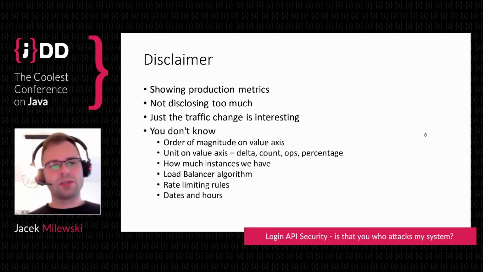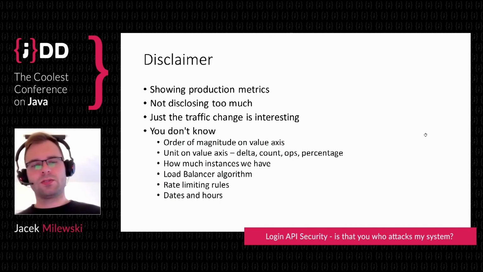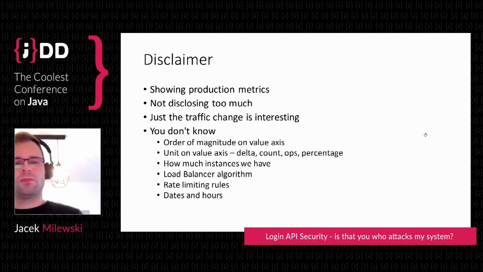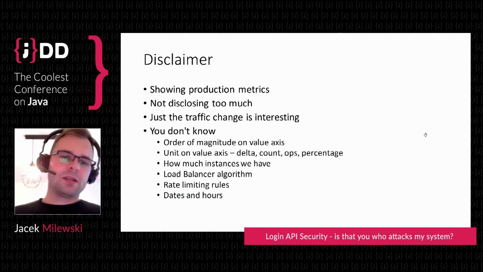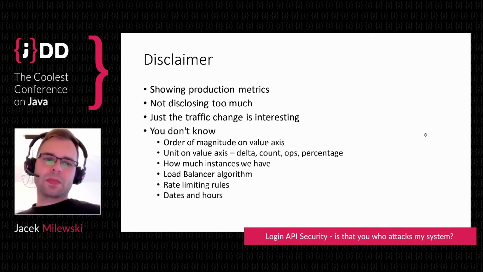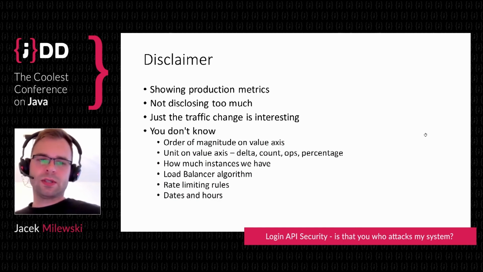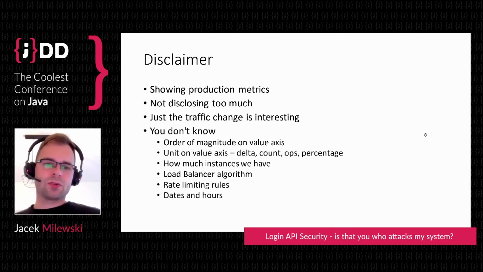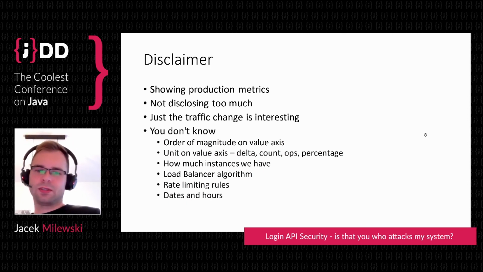The interesting thing in those metrics is the traffic change, not actual values, but the change of value. So I'm hiding the order of magnitude on the value axis. Also, the unit is hidden. You don't know how many instances we have, because the logs are just from a single instance.